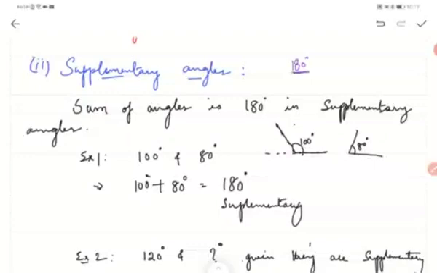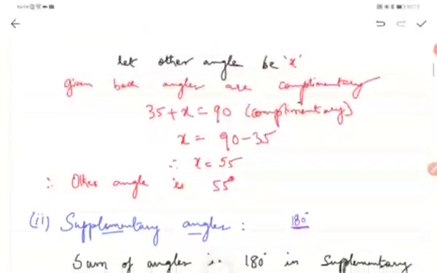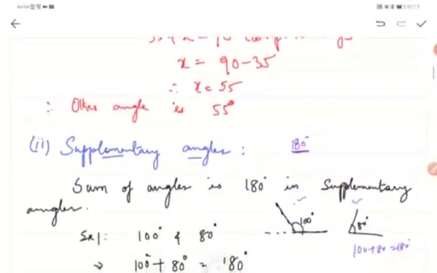For example, here it is 100 degrees and 80 degrees. So 100 plus 80 is what? 180. Therefore 100 and 80 are a supplementary pair. That is a supplementary angle. In the same way as we did for complementary angles, you will get the same type of questions for supplementary angles as well.